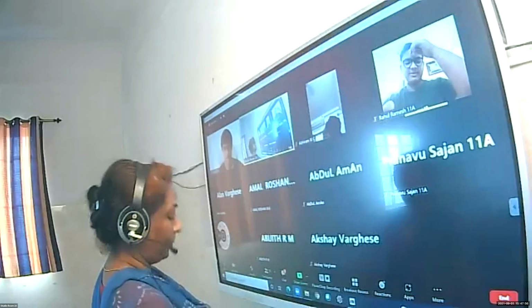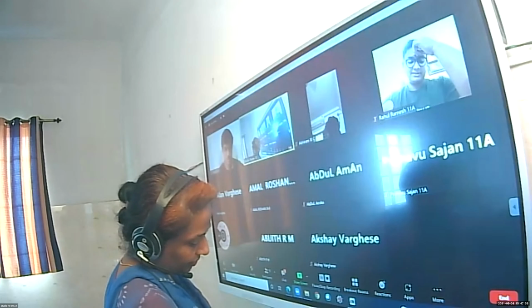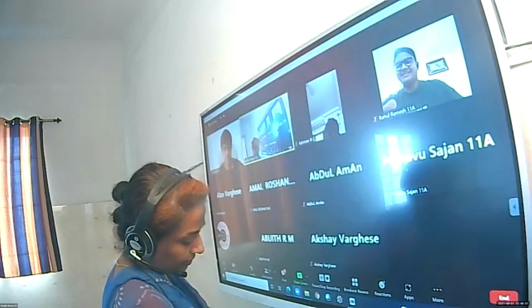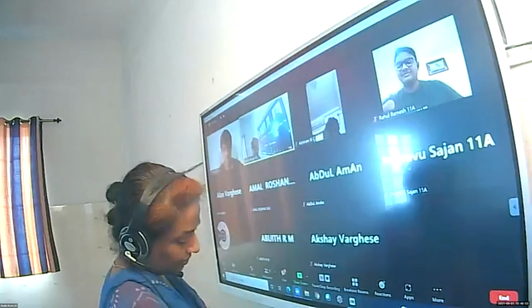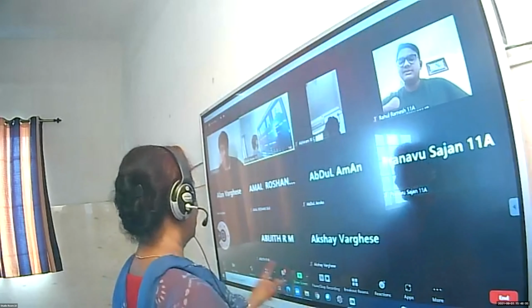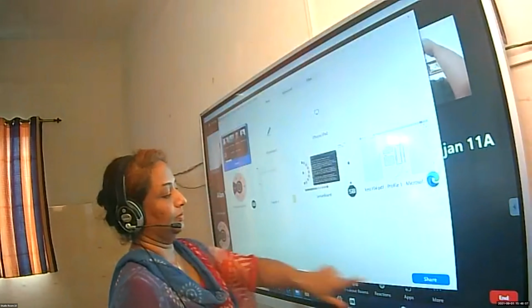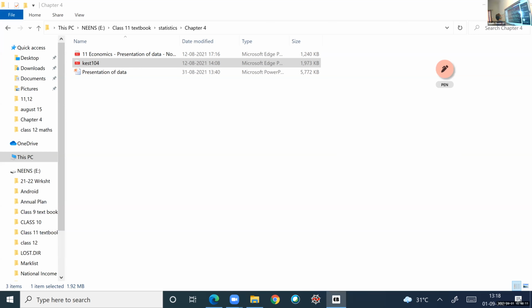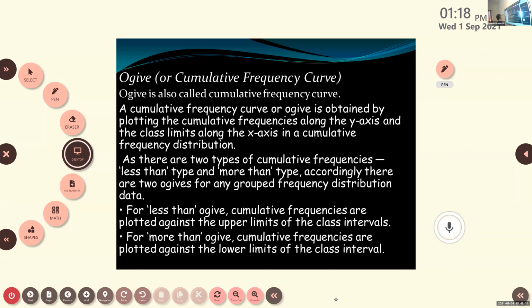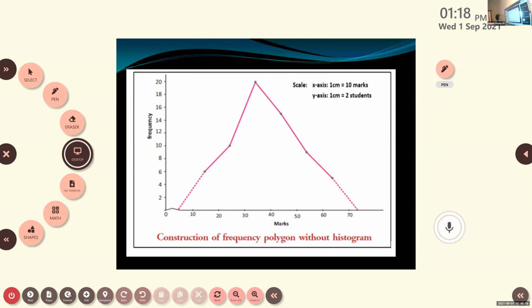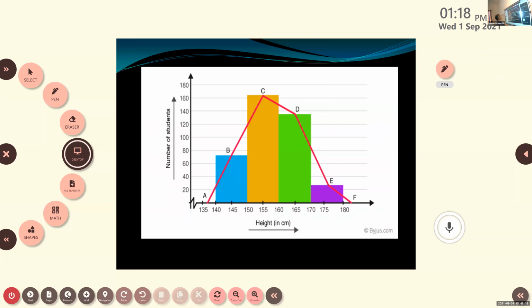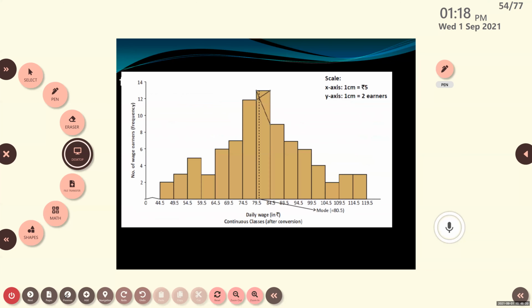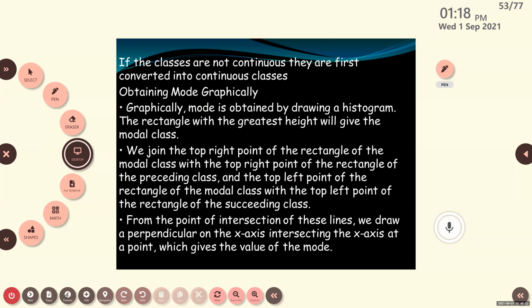Little more specific. How to get that? Who can say? How to derive mode graphically? Just understand and tell me how it is.